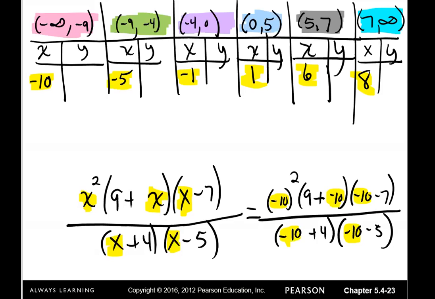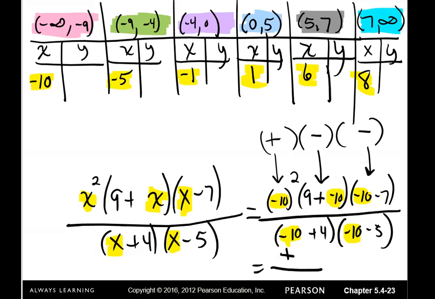And you don't even really need to know what the correct number is. You just need to know the sign. So if I take a negative 10 and square it, that'll be positive. And then 9 plus negative 10, that would be a negative. And negative 10 minus 7, that would be a negative. And if I take a positive times a negative, my numerator will be a positive number.